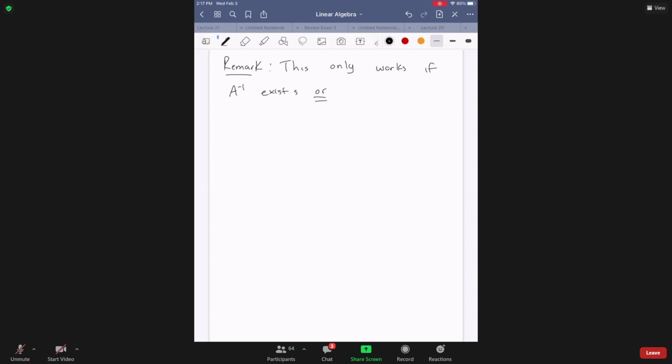So remark: this only works if A inverse exists, obviously, or in other words, you have a unique solution, which comes with that, right? So you can't always do it, is my point.